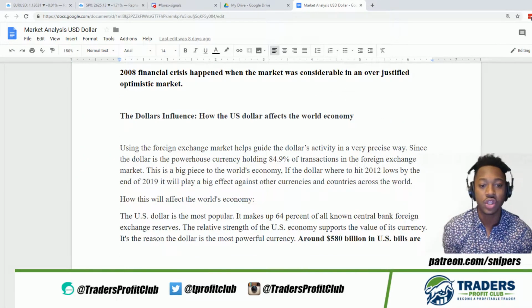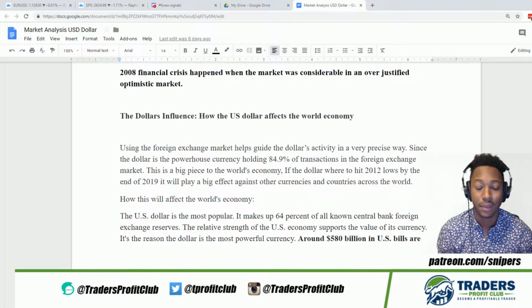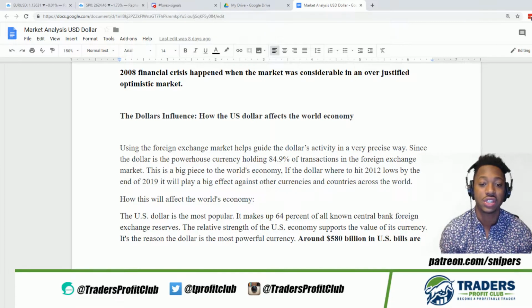So the US dollar influence. The US dollar influence is a big thing on the markets in general and how it works. I'm going to show you guys exactly how the US dollar is established. In foreign exchange, about 84.9% of transactions on a yearly basis are based on the US dollar. This is why the US dollar is the powerhouse for all the trades.